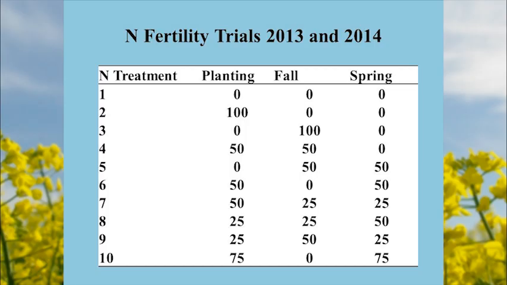So to answer that question, what we did in the last 2 years, we've come up with some nitrogen treatments, and we're splitting them between planting, applying it in the fall, or applying it in the spring. So this is canola planted in June. Do we put it on when we plant?